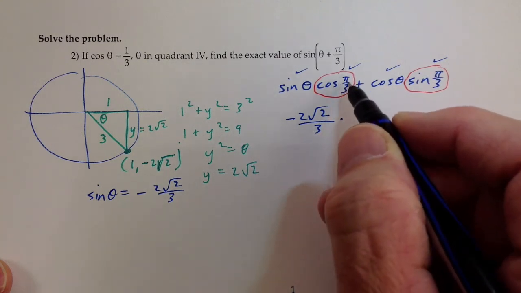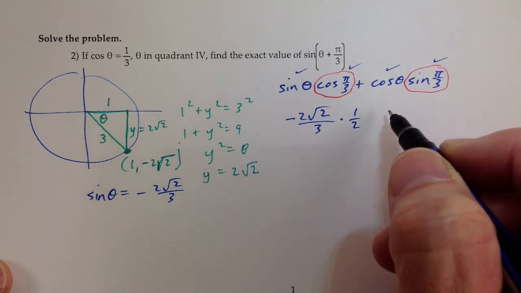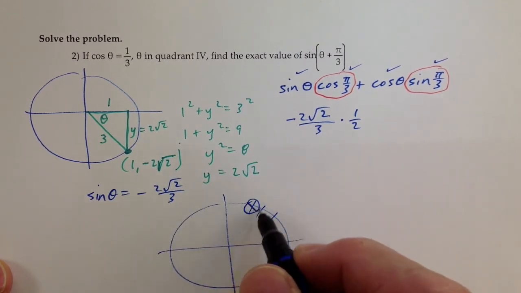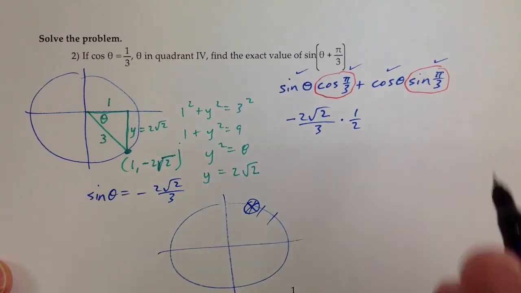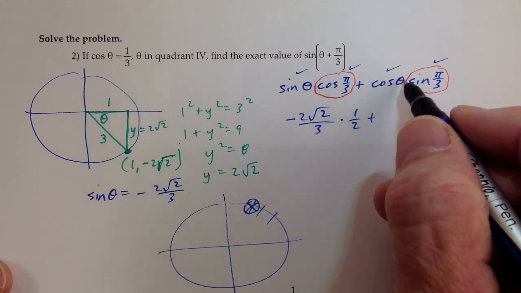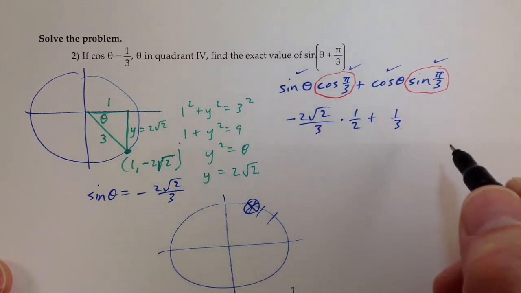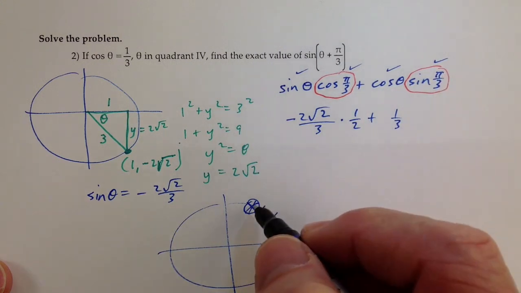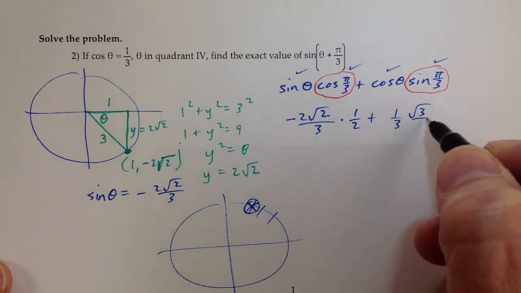We know that the cosine of pi over 3 is 1/2. Cosine of pi over 3, that's way up here; cosine gets smaller as we go up. Plus cosine of theta, which we were given as 1/3. The sine of pi over 3, we know that that's radical 3 over 2.